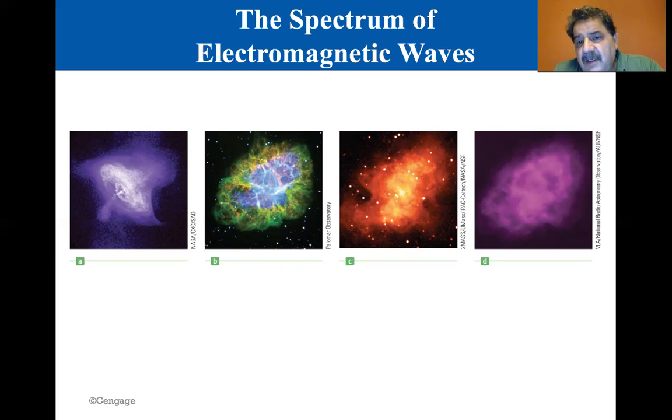You can see that it gives different images for the different spectra. They use these different regions of the electromagnetic spectrum to see the various features. And I think that about does it for the spectrum of electromagnetic waves.